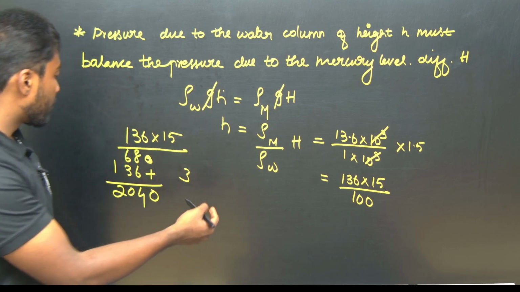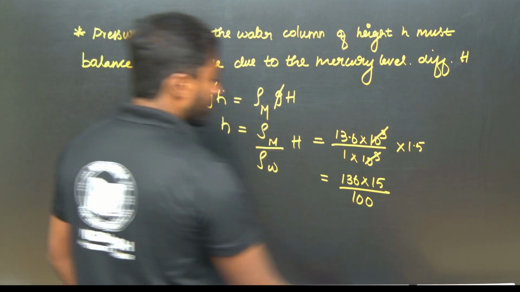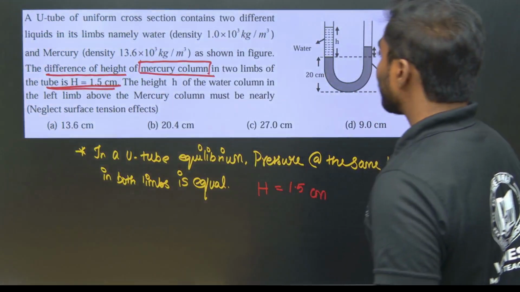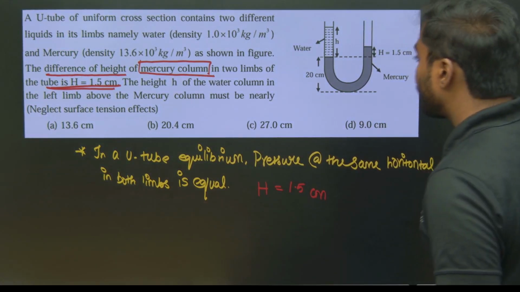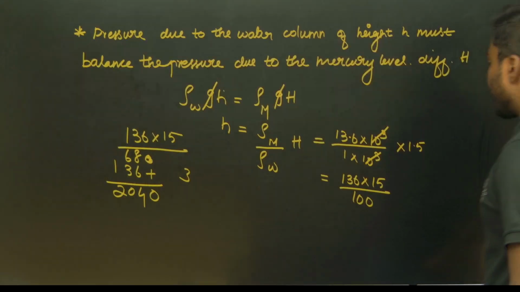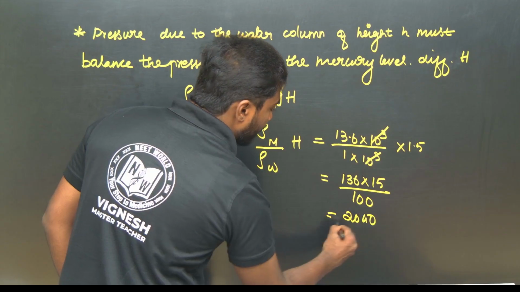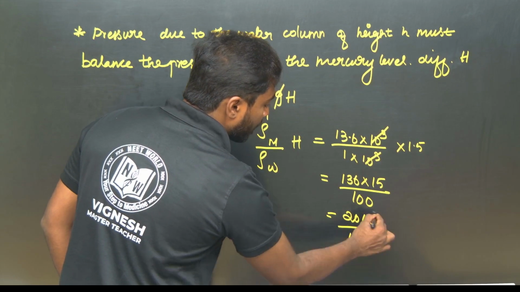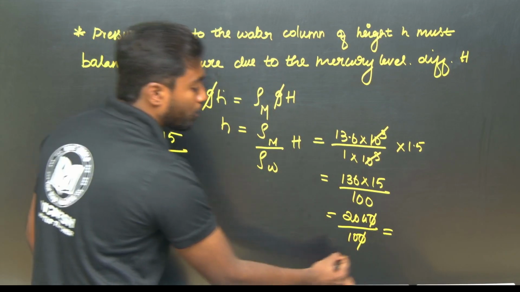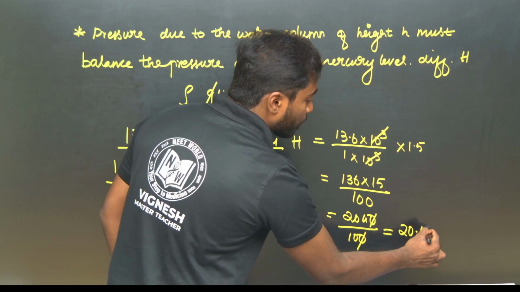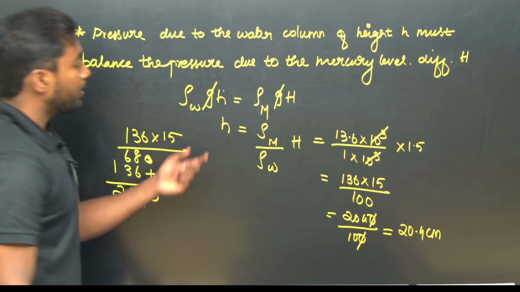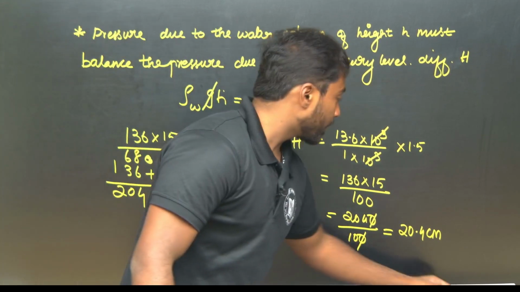Divide by 100, so 20.4 centimeter. The option 20.4 is there, option B. So 20.4 centimeter is the height of the water in the limb.